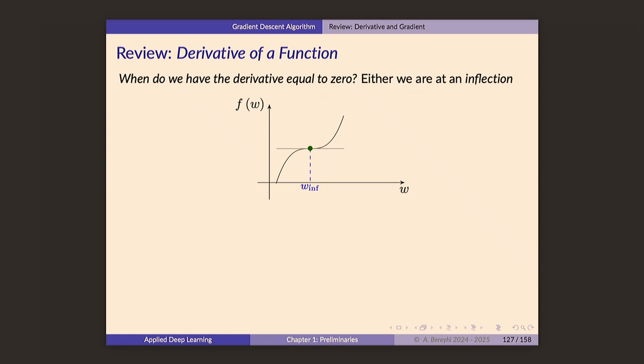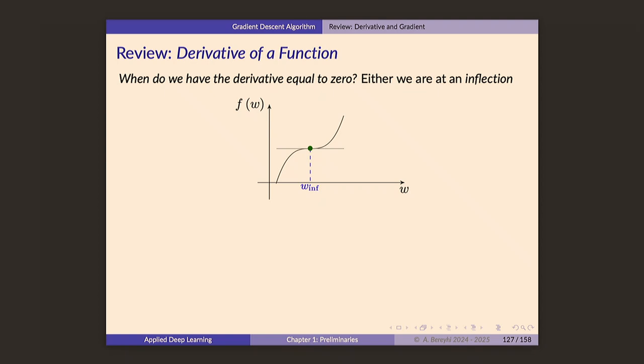Or it's just coming down, and then it gets to the flat curvature. It again goes down. So here you are going to have the curvature changing, right? Up to this point, it was like a bowl. After that, it's going to be like a cap, right? So this is what we call inflection. And if you compute the derivative here, we're going to have this kind of point.